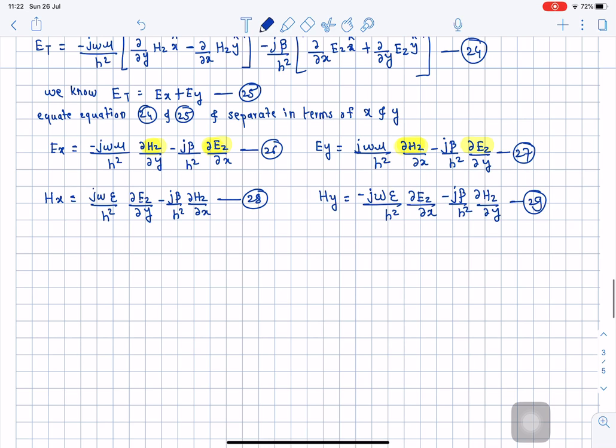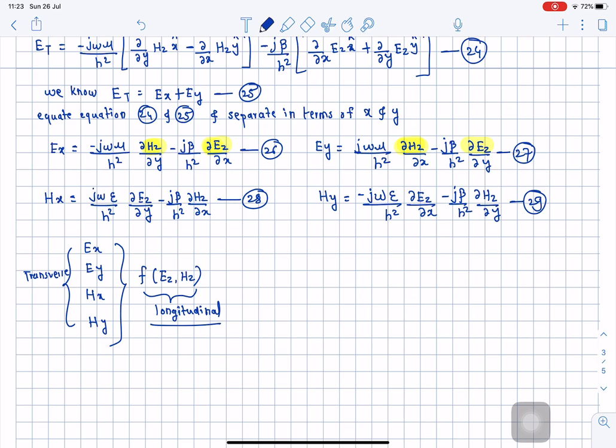What we have written, Ex, Ey, Hx and Hy, these field components, are expressed in terms of functions of Ez and Hz on the right hand side, if you observe carefully. So we have successfully developed the transverse field components. As we already know, these are transverse field components, represented in the form of longitudinal field components.